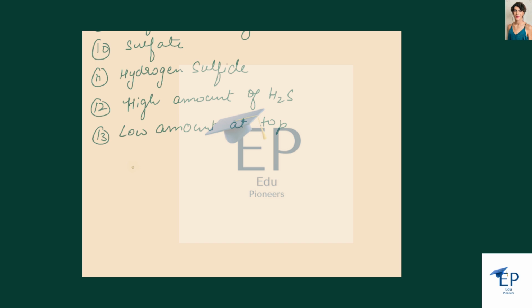Also, the hydrogen sulfide feeds into the metabolism of two photosynthetic bacteria. One is green sulfur bacteria and the second is purple sulfur bacteria, for example Chromatium.